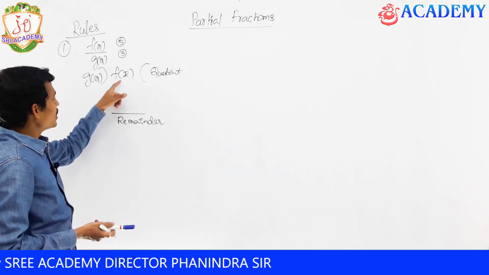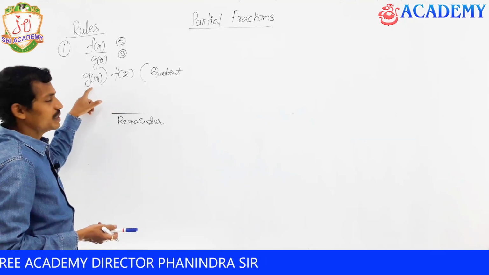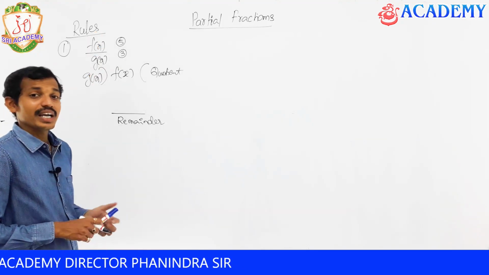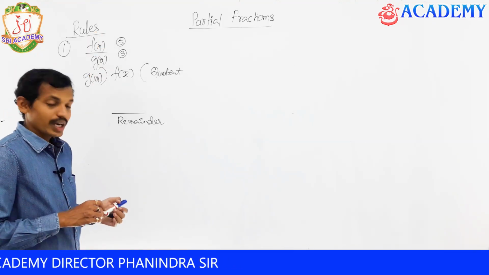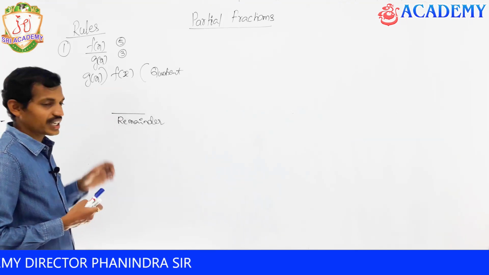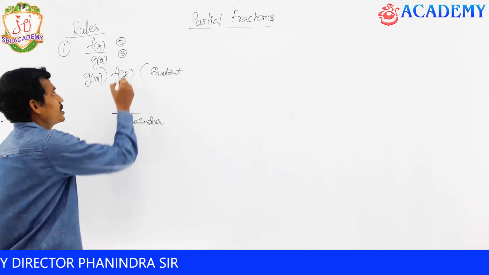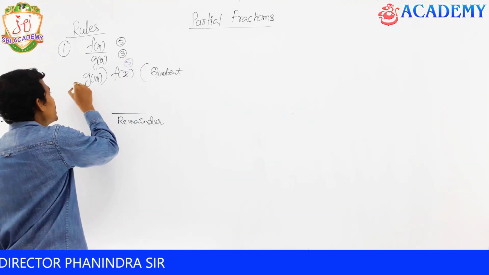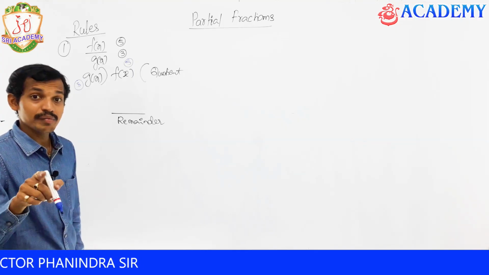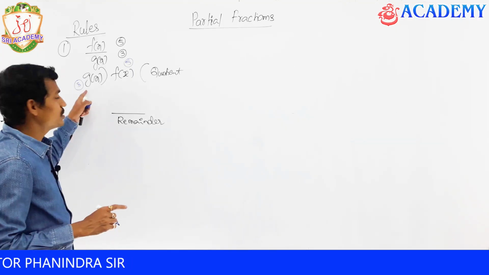If the numerator is f of x and the denominator is g of x, here numerator degree is 5, denominator degree is 3. Until where should we divide? To get the remainder degree less than the g of x degree. For supposing here degree is 5, here degree is 3, we are dividing f of x with g of x until we get remainder degree less than the divisor degree.